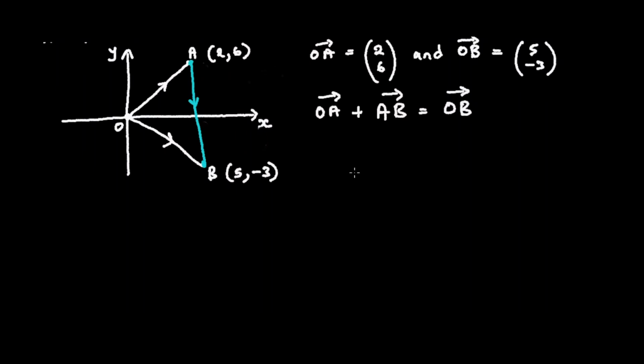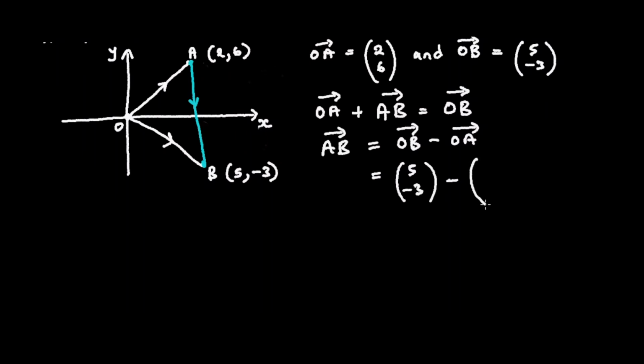Since we want AB, we make AB the subject of the formula. So AB will be equal to OB minus OA. Then we are going to replace OB with what? 5, minus 3, subtracting. Then we also replace OA with what? 2, 6.